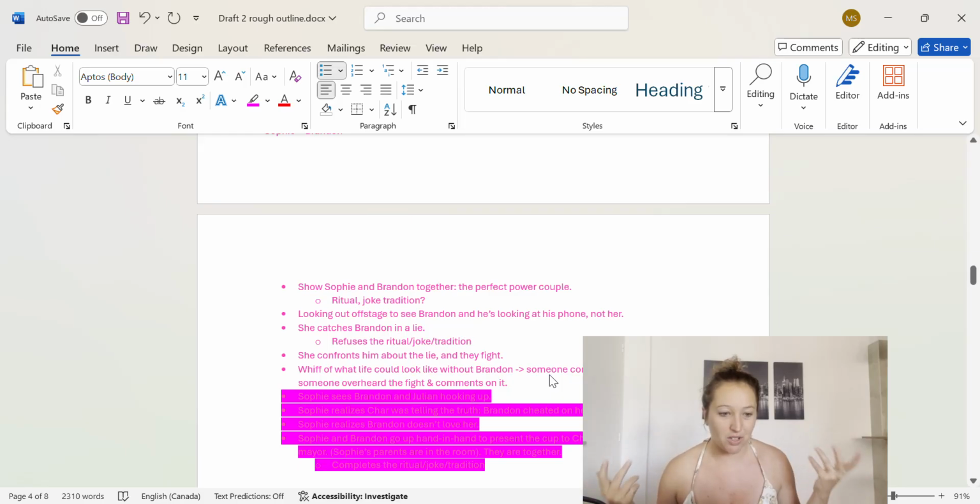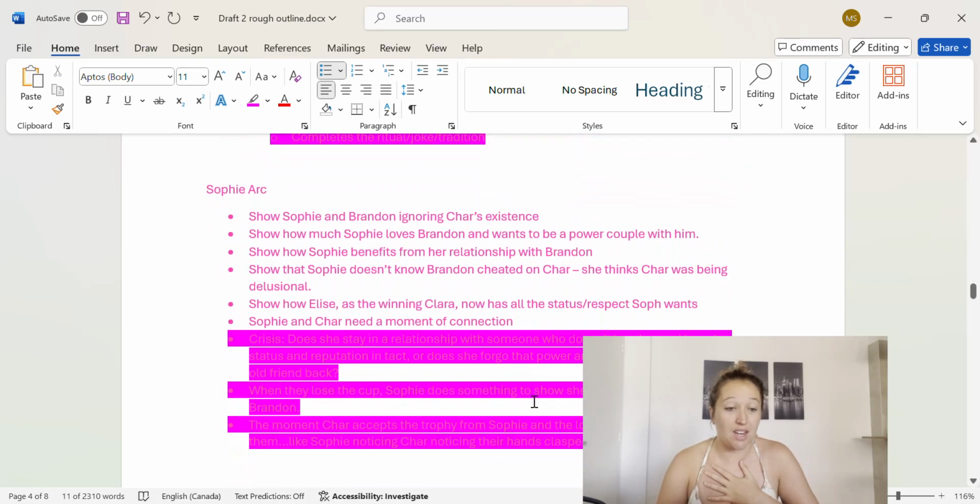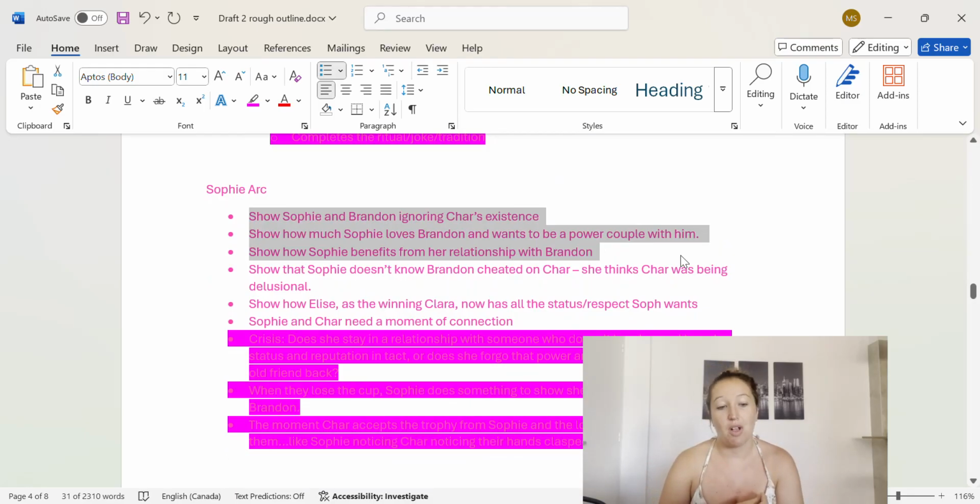Again, I call this my functional outline. Show them together. She catches him in a lie. She confronts him about the lie. With what life could look like without him. And then I have her own arc, which is again, show how she benefits from this relationship. Show that she doesn't know this thing. Show that someone has what she wants, etc.